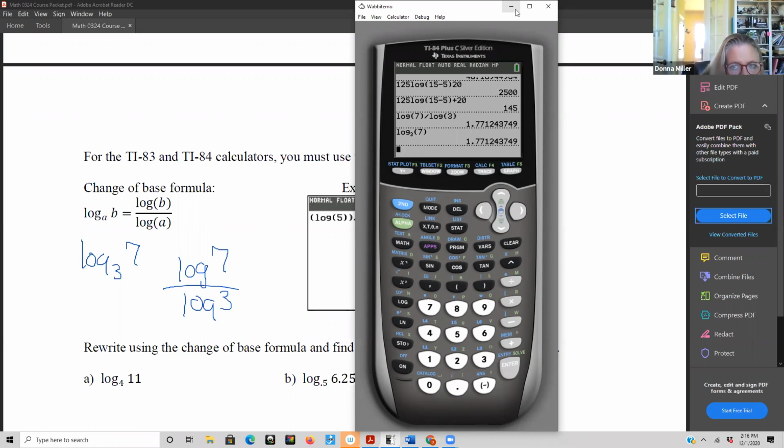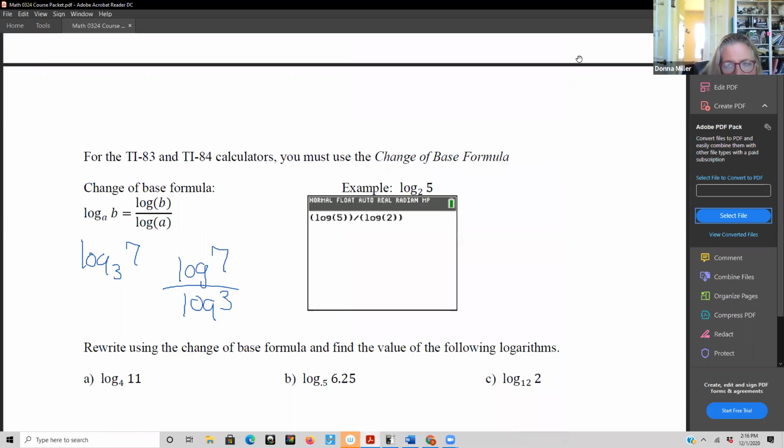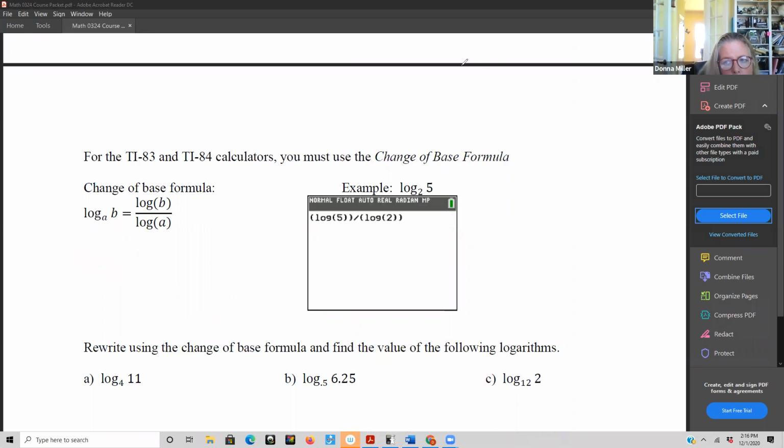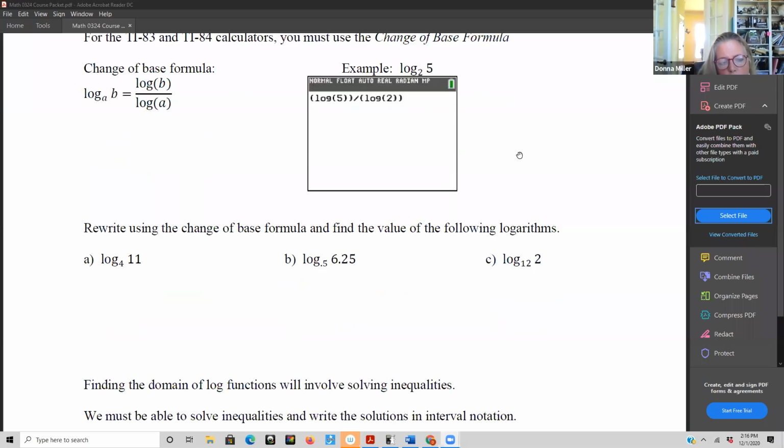Okay, so some practice for the TI-83 guys. On the TI-84, I could just type them in.